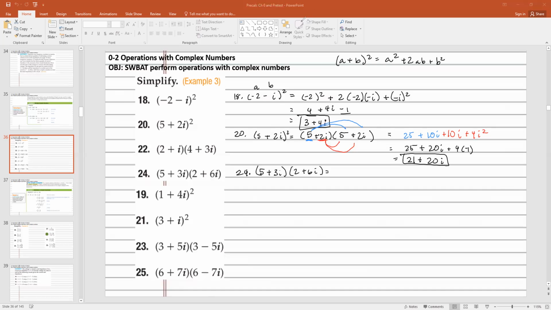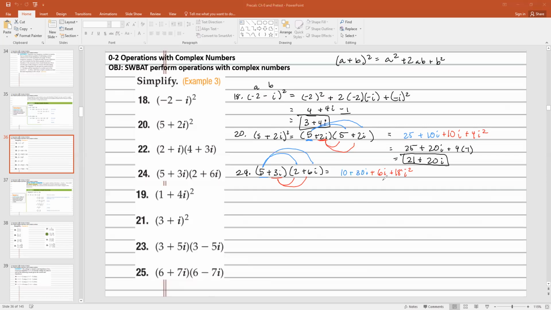All right, so same thing. You could do FOIL. First, outside, inside, last. That is how we multiply. Okay, so 5 times 2 is 10. And 5 times 6i is going to give us 30i. And then 3i times 2, and then 3i times 6i. So 3i times 2 is 6i, and then 3i times 6i is 18i squared.